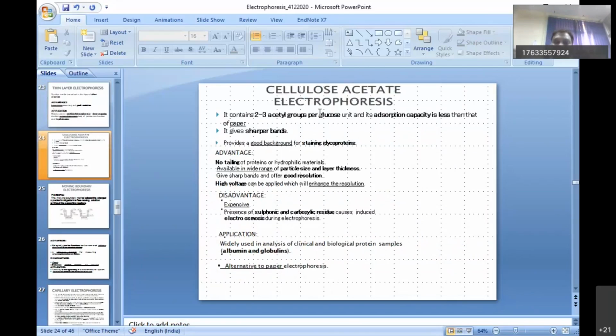Cellulose acetate is another supporting medium used for electrophoresis. So I just wanted to introduce all kinds of supporting media which can be used in electrophoresis depending on the nature of the experiments.